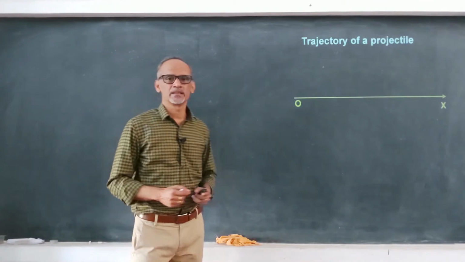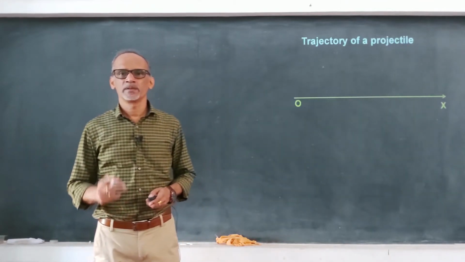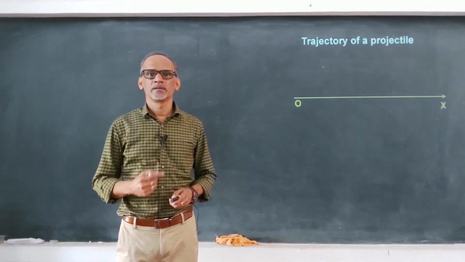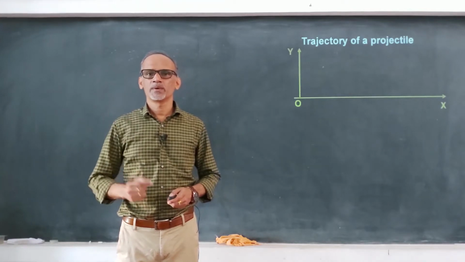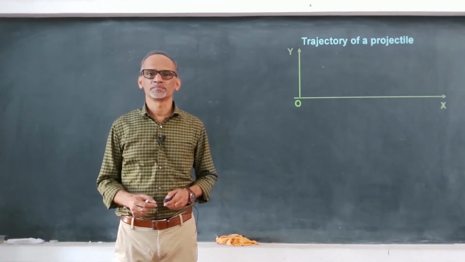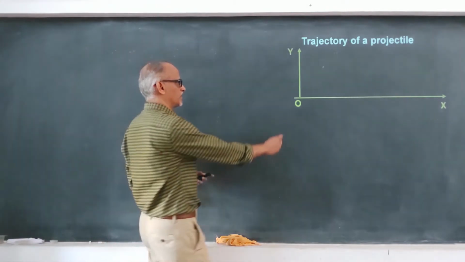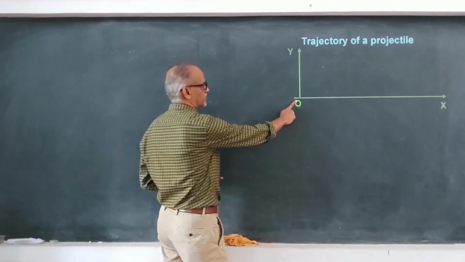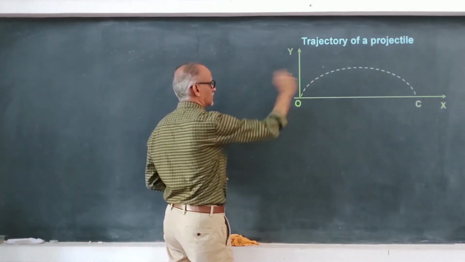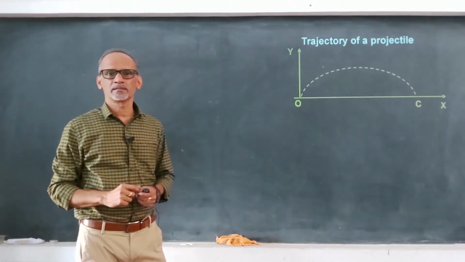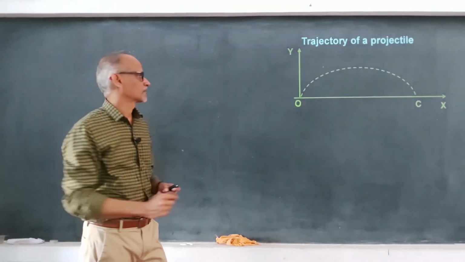First, I am going to consider axes. We need two axes, the x axis and the y axis, because it is a two-dimensional motion. Now, from the point O, a body is projected so that its path is a parabola. This is the trajectory.